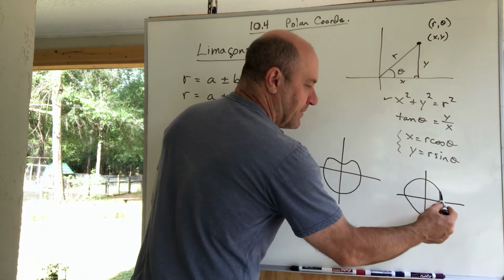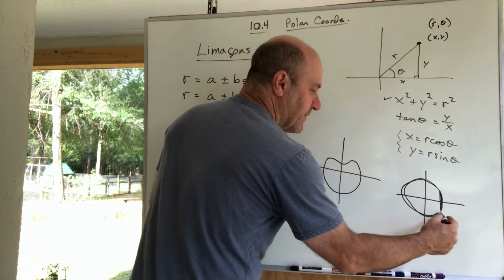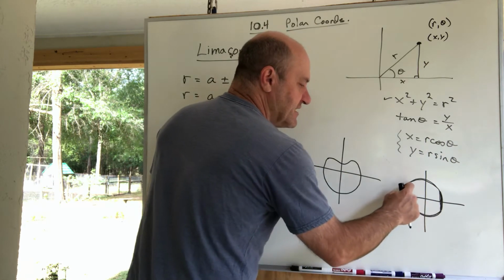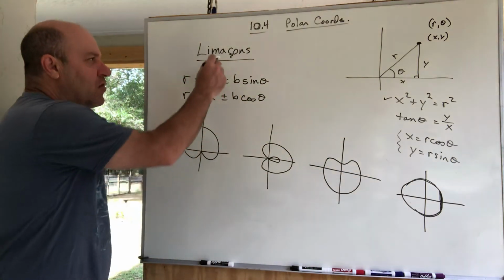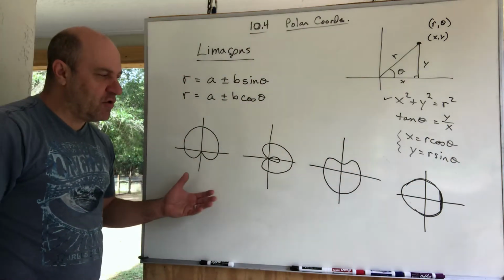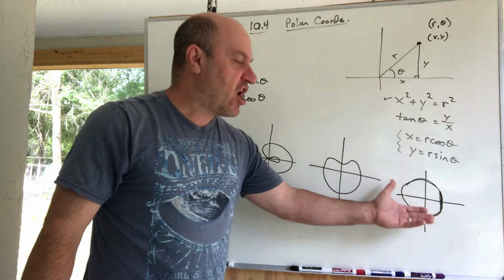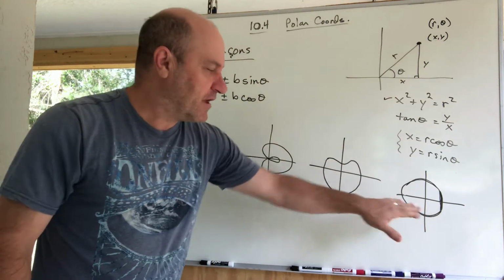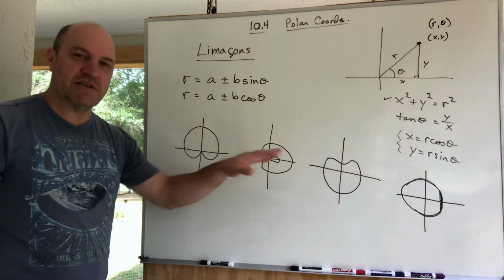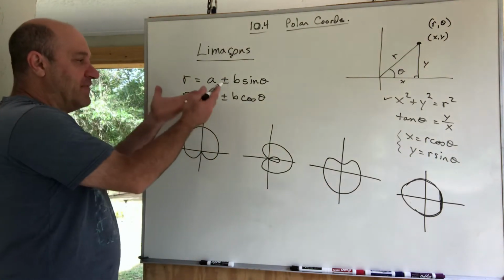It's not a circle, but these are some famous polar shapes. They're all called limaçons, but I called that a cardioid, a limaçon with an inner loop, a dimpled limaçon, and a convex limaçon. I don't care too much about the words, but it helps distinguish them. They all come from these equations.